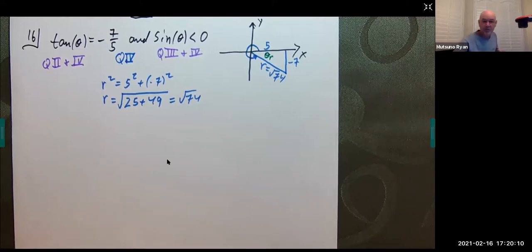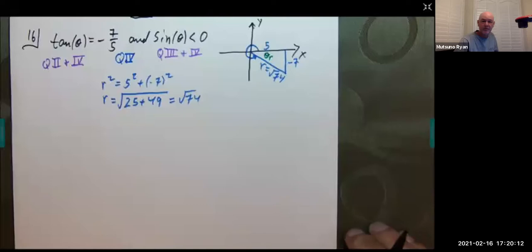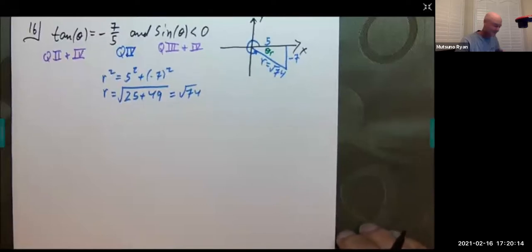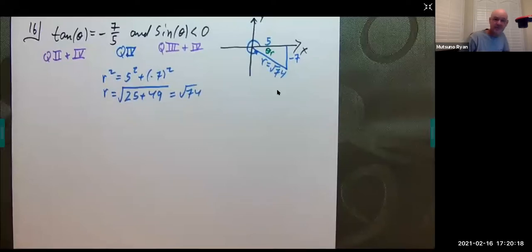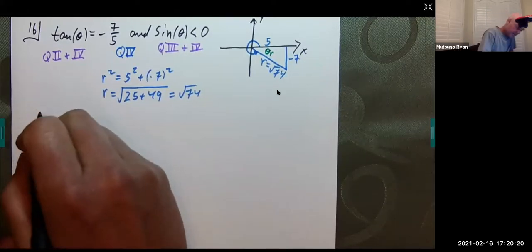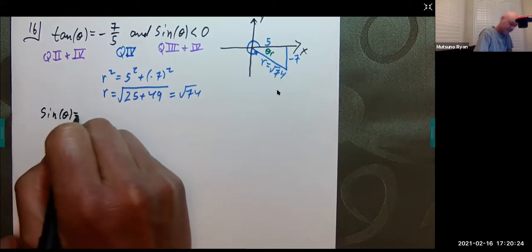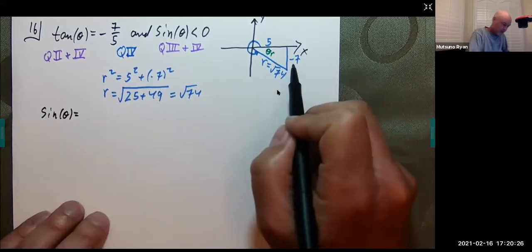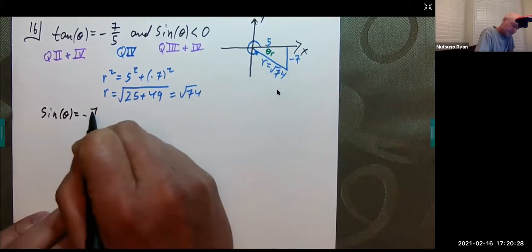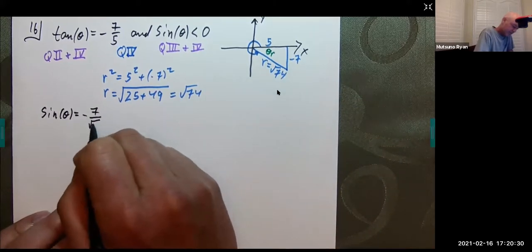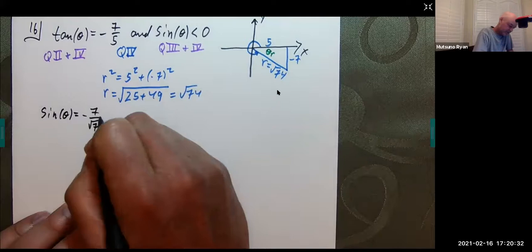So make sure we have enough space. All right, so sine of theta is going to be the opposite over the hypotenuse, negative 7 over root 74. Once again, you could rationalize that.